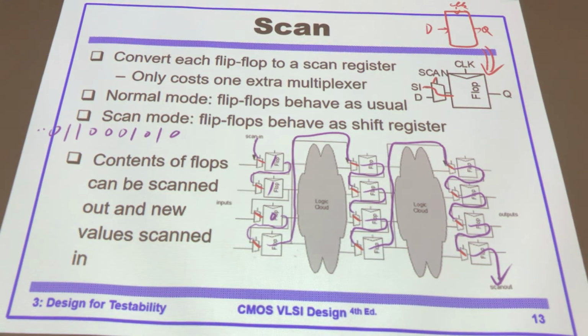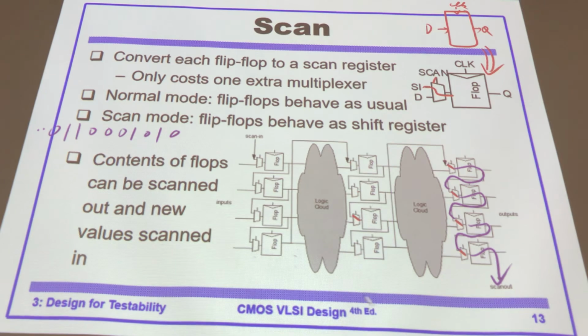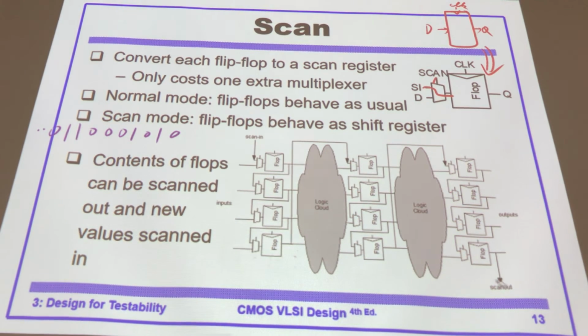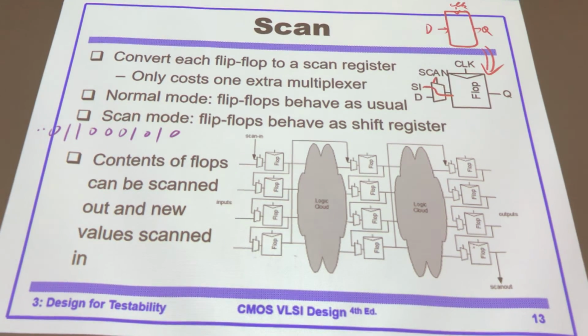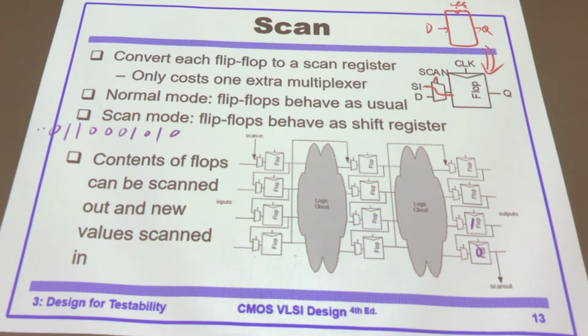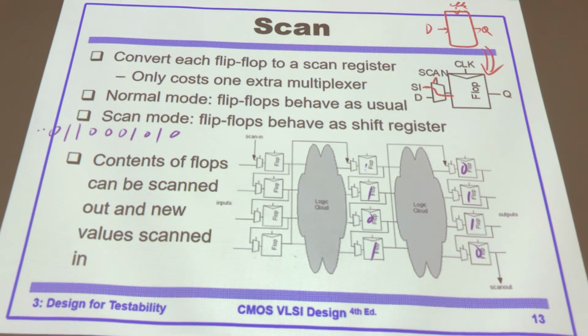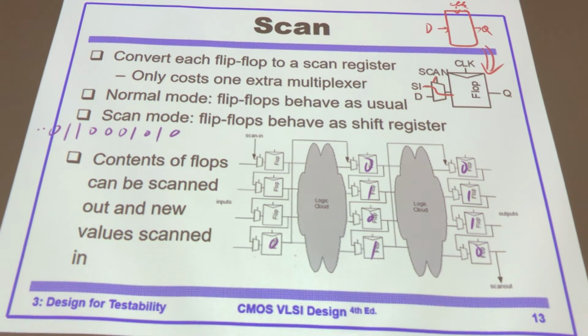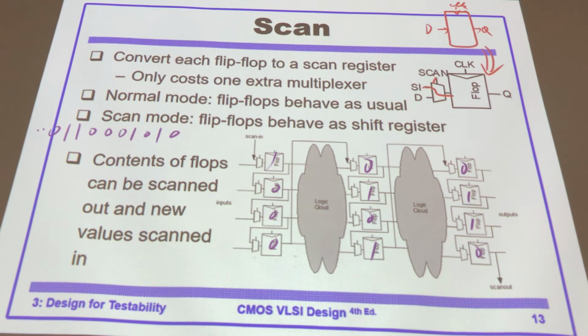Right? After that, scan mode changes to become regular mode, normal mode. After we have already set up the value after 12 clock cycles, let's say, I don't know, but anyway, 0, 1, 1, 0, something like that, and 1, 0, 1, 0, and 0, 0, 0, 1, for example.